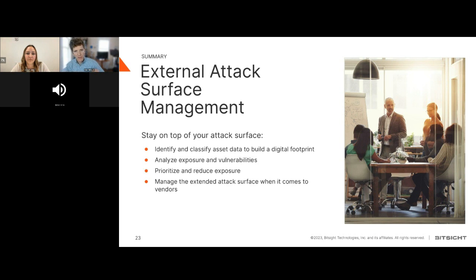Once you have those assets, you want to think about analyzing the exposure and vulnerabilities. This is important because just the existence of the assets isn't a problem. Generally speaking, it's how well controls are in place to protect those assets. This is important both internally with your own assets and infrastructure, and also in analyzing the assets and infrastructure of your key vendors and suppliers across the attack chain.